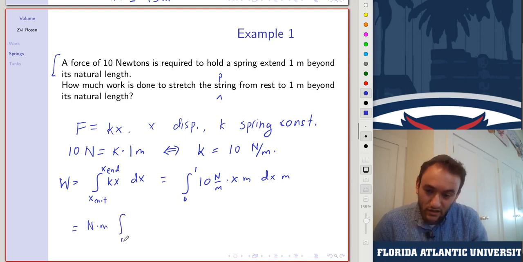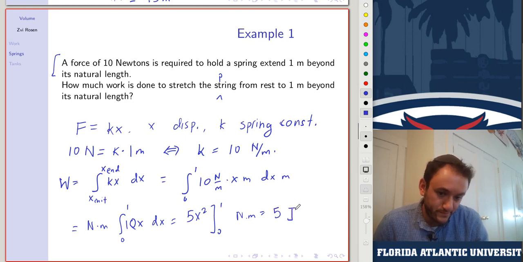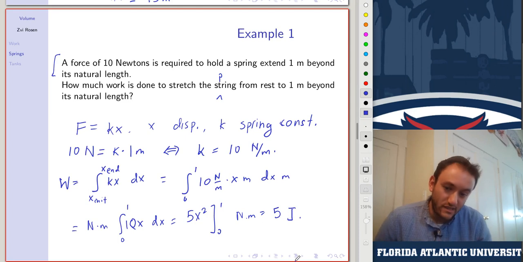And the integral from 0 to 1 of 10x dx equals 5x squared from 0 to 1 newton meters, or 5 newton meters or joules. So the work done is 5 joules.